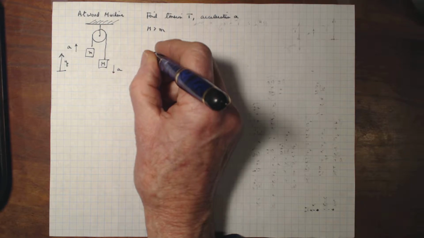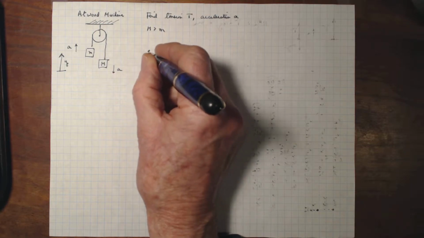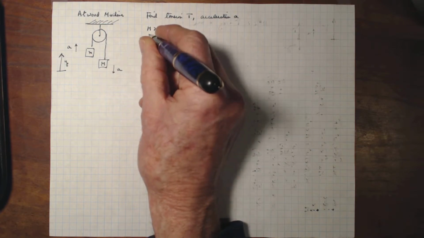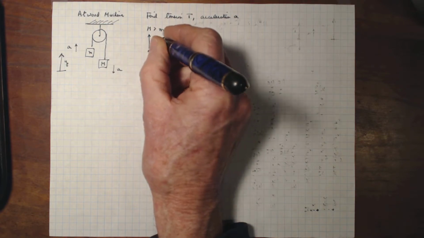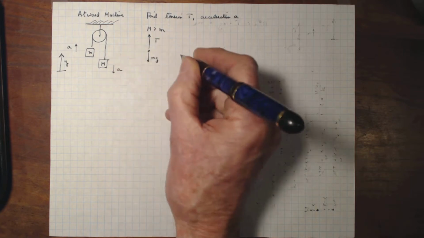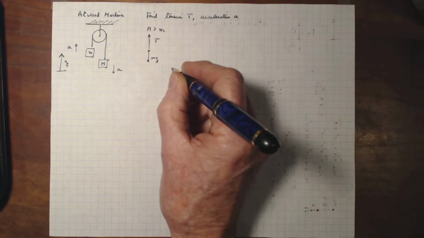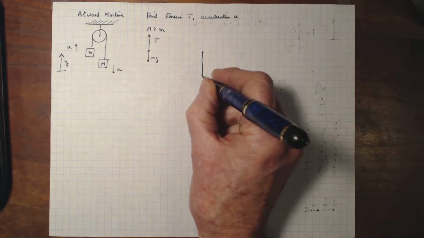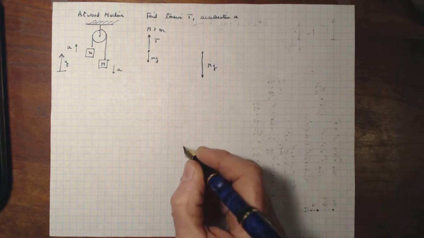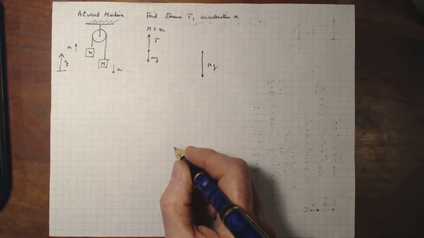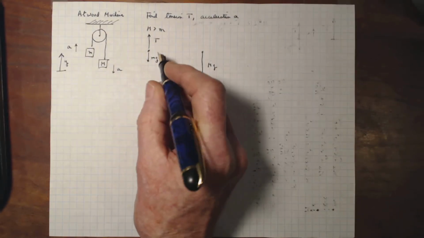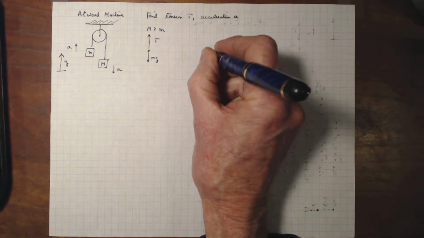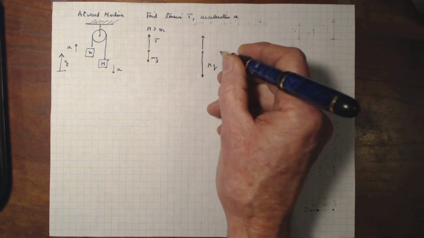For little m, we have a downward weight of mg, little m times g, and an upward force of tension T. And for big M, we have a downward force of big Mg, its weight, and the same tension that acts upward on little m also acts upward on big M, like this.